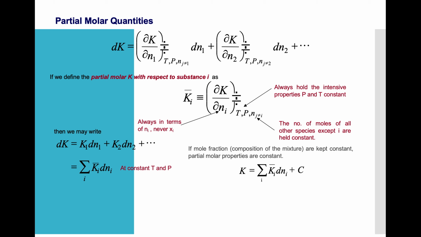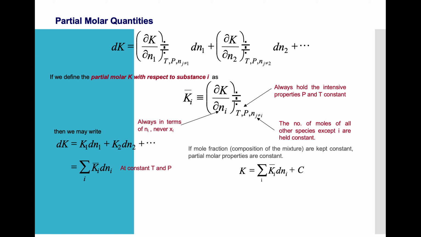If we define the partial molar K with respect to substance I, we get this equation, whereby this one is always in terms of N, never X, and this one always holds the intensive properties P and T constant, and this one the number of moles of all other species except I, which are held constant.